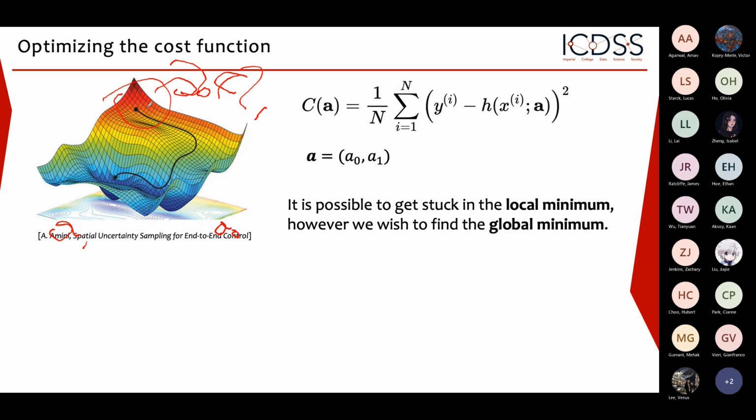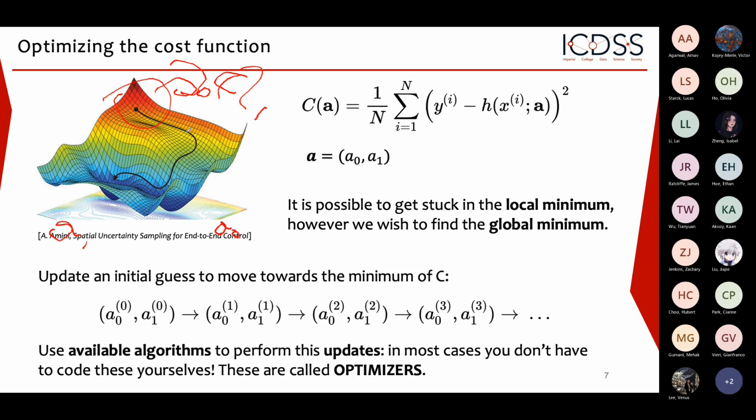Okay, so for those who are more experienced with calculus, one way could be just to take the derivatives of the function C and go in the direction of the derivatives, because that ensures that you are going downhill, right? And actually, for a linear model, I would say that's probably the best choice. But instead of going through the maths, I'm just going to say you can choose any algorithm that does that, right?